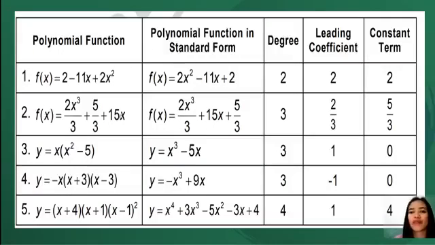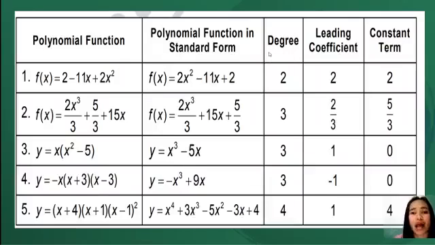Okay, so we are given 5 polynomial functions. We need to write each function in standard form. What is the standard form? A polynomial in standard form must have the powers of the variables in descending order.